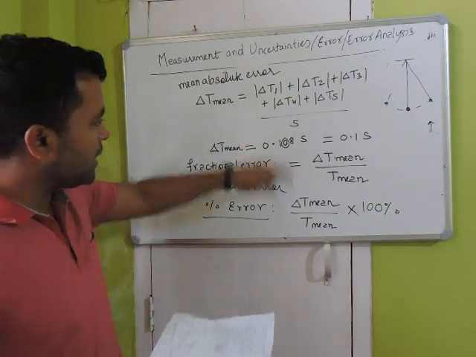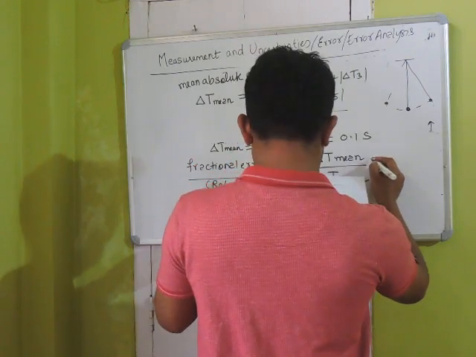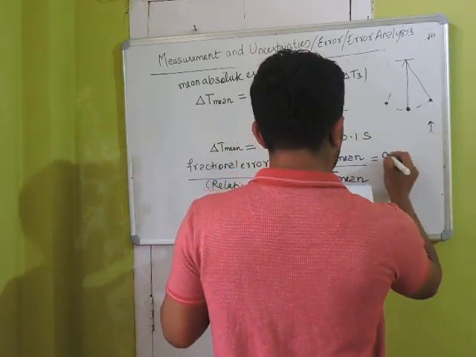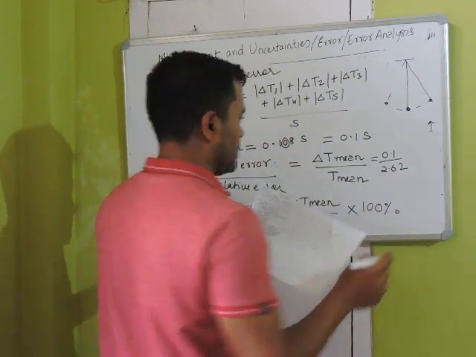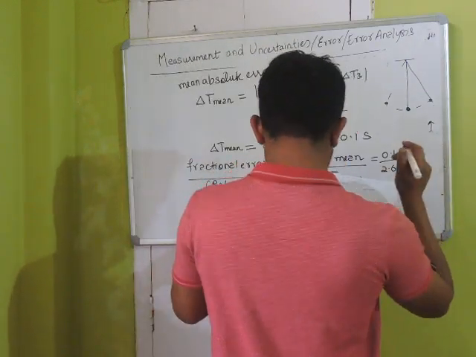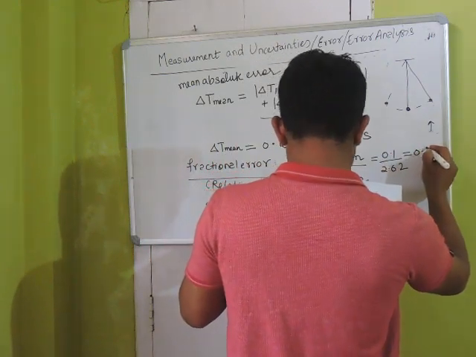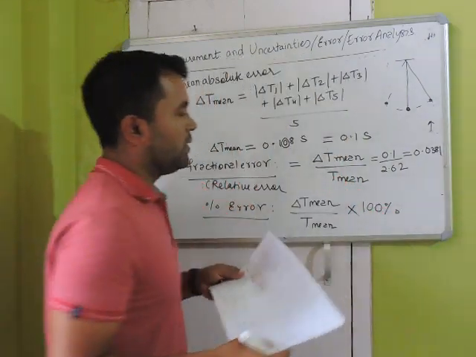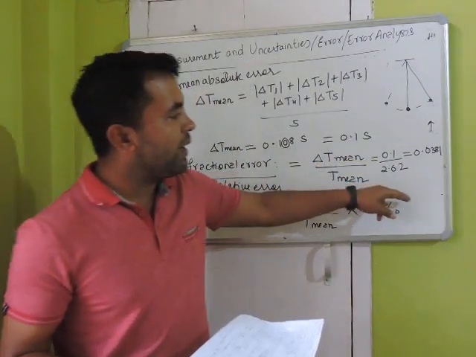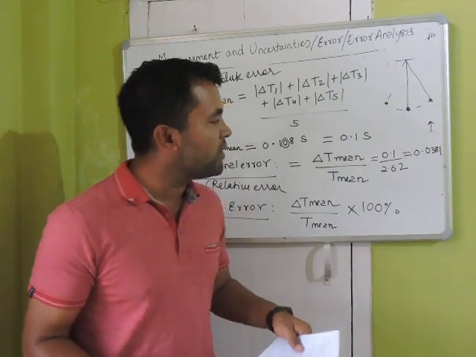Now let us do the calculation. Fractional error in our calculation will be 0.1 divided by t mean, 2.62, which comes out to be 0.0381. Again, when we divide, there is a rule for significant figures.